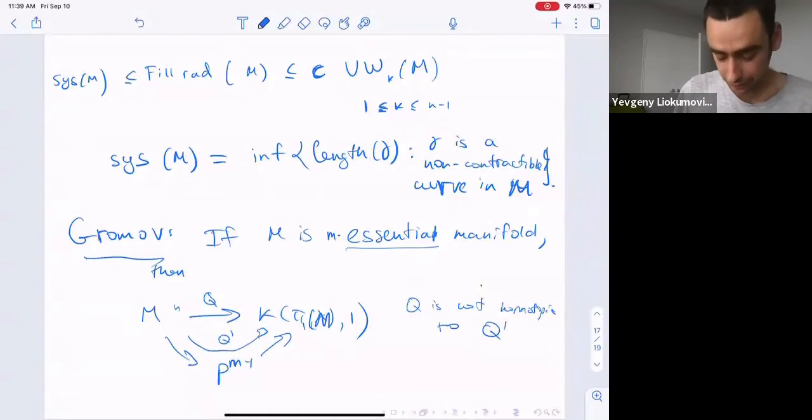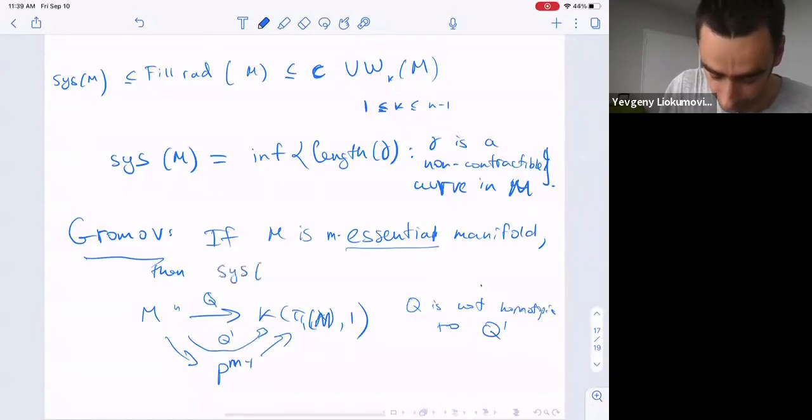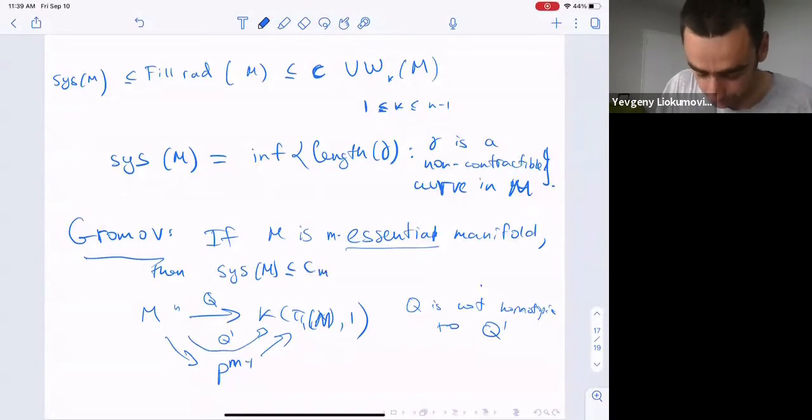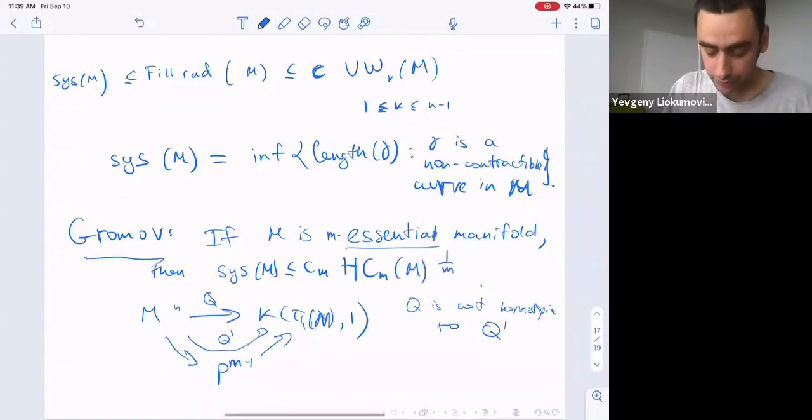And your map is m-essential if it doesn't factor through an (m-1)-dimensional polyhedral complex. And then our conclusion will be that the systole of M is bounded by a constant which depends only on little m, times the m-dimensional Hausdorff content of M to the power 1 over m. And now this m can be smaller than the dimension. So m is somewhere between n and 1.